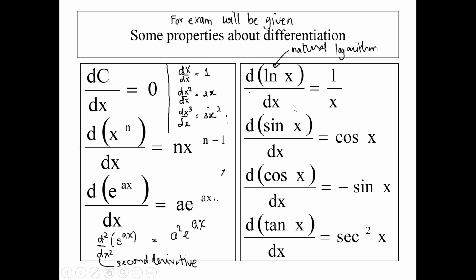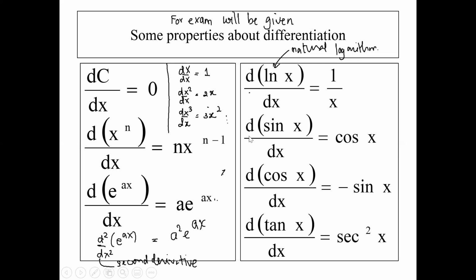If you want to read them, what I found on Wikipedia gave quite a decent explanation of how to prove all of this. d log x by dx, a very special function called the natural logarithm, is actually 1 over x.